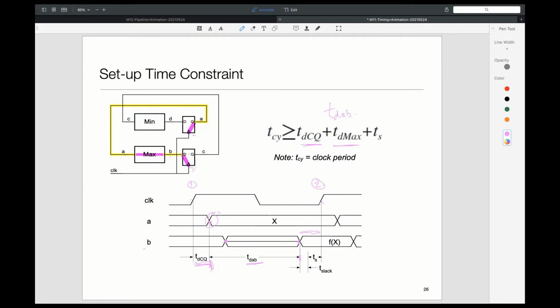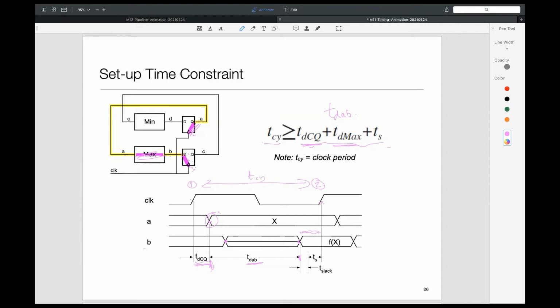Because max is going from A to B. So TDCQ, which is the delay out here, plus TD max, which is the delay out here, plus the setup time at the second flip-flop, all of that absolutely must happen in this time interval, right? And so it must be less than TCY. This is TCY.